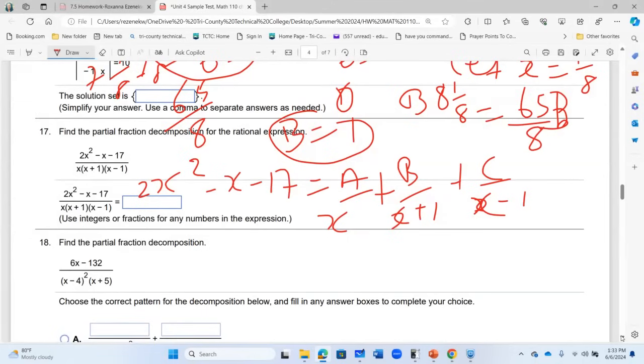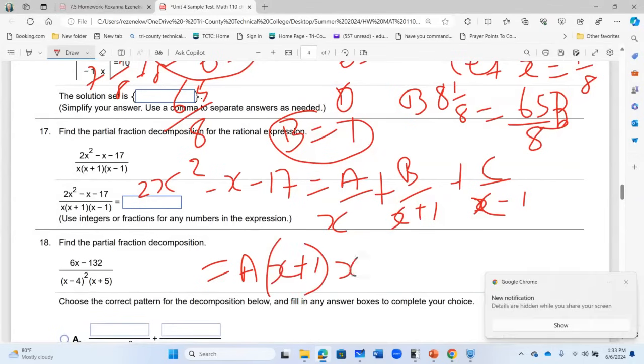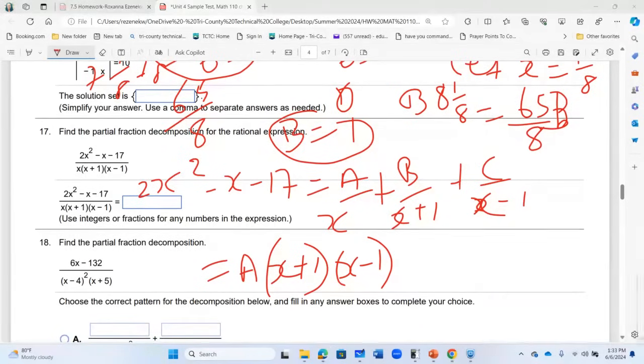For example, if I want to find the values, first of all, I have to multiply both sides by this. If I multiply both sides, then I will have A into x plus 1, x minus 1. Then I will have B into x, x minus 1.